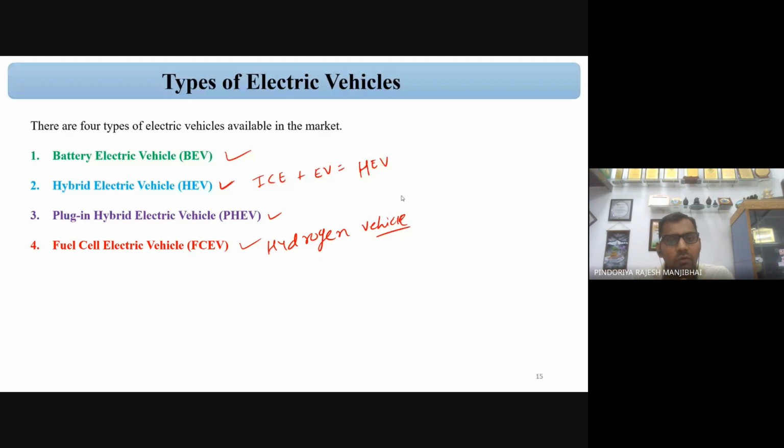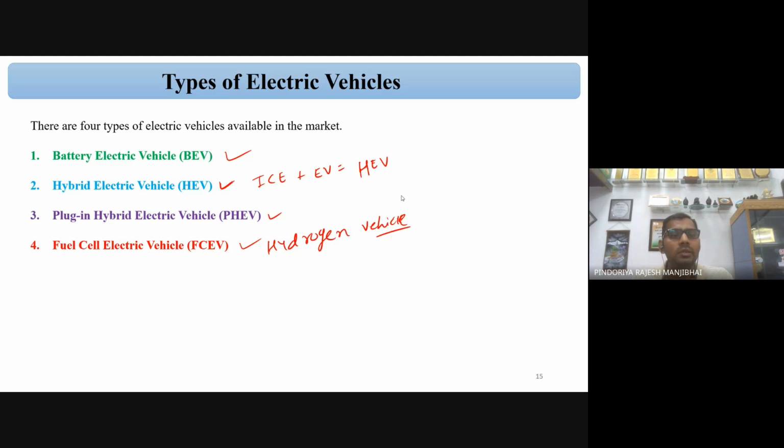Hydrogen is far more dangerous compared to petrol and diesel. Generally, the fuel cell electric vehicle we will discuss in the last unit, energy storage management. In the last unit we will see the detailed structure of the fuel cell electric vehicle. Correct.